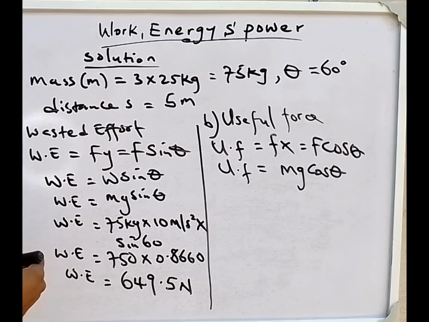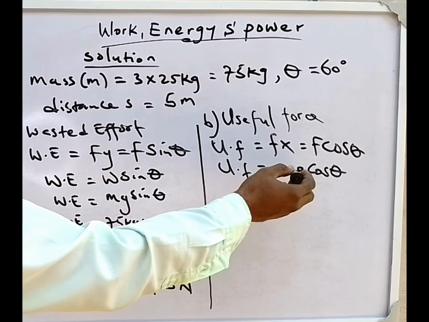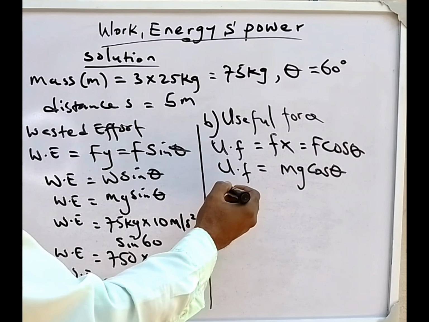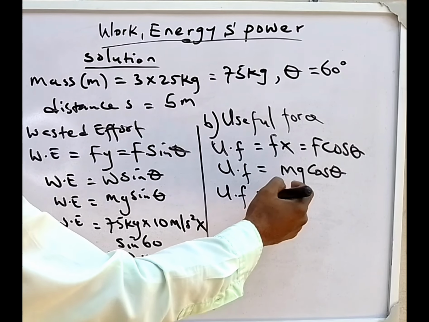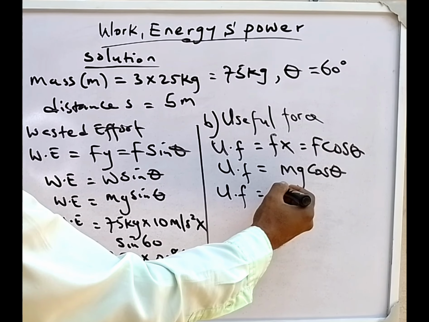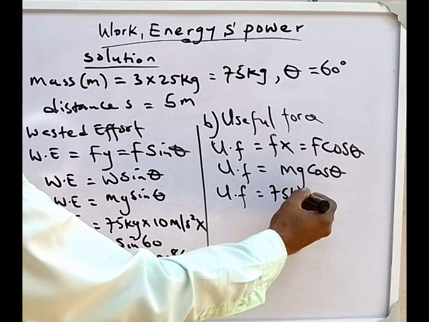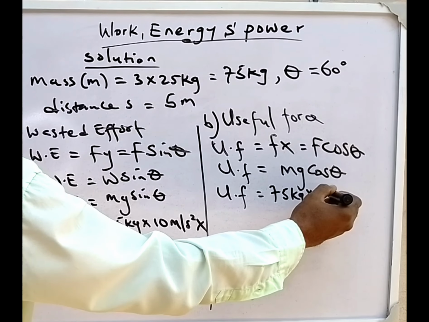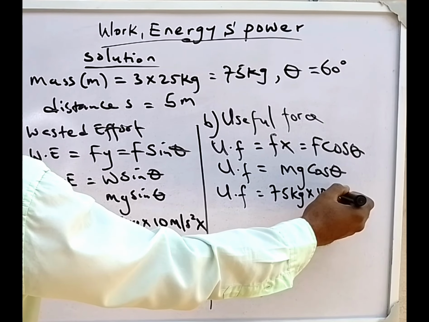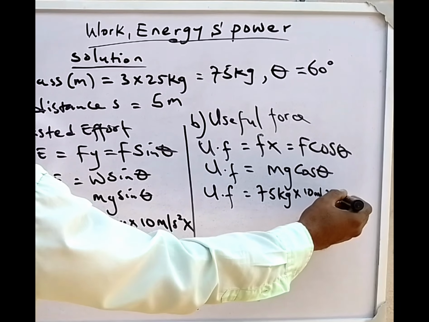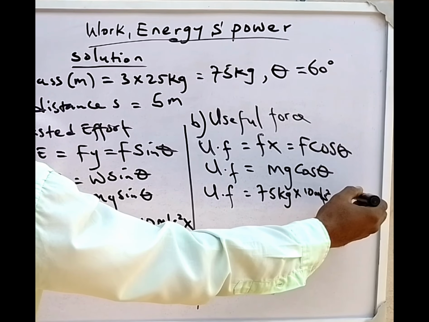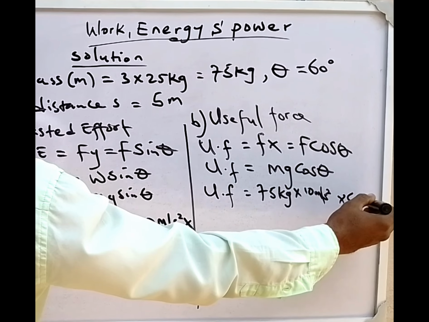So here, useful force will now be mg cos theta. Therefore, it will be equal to weight, mass 75 kg times 10 meters per second square times cos 60.